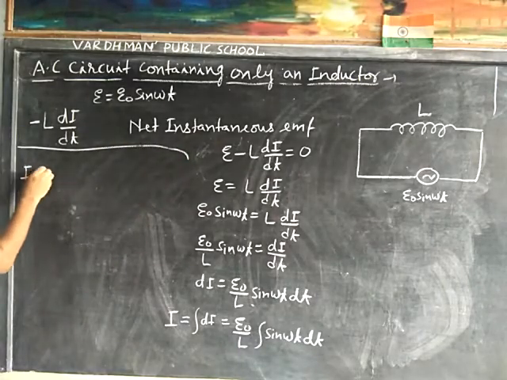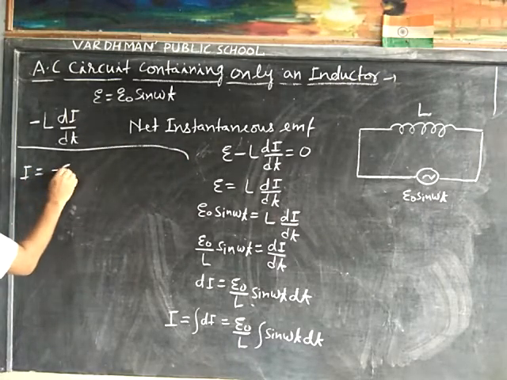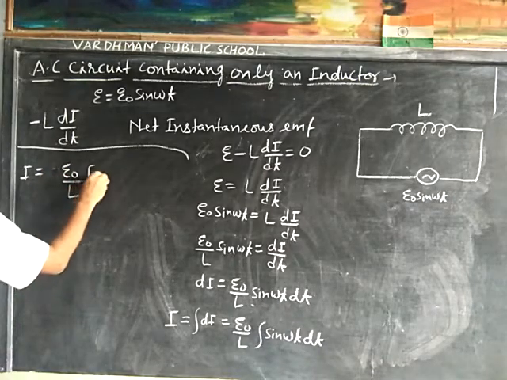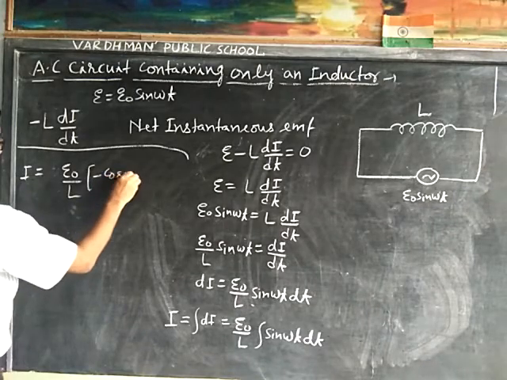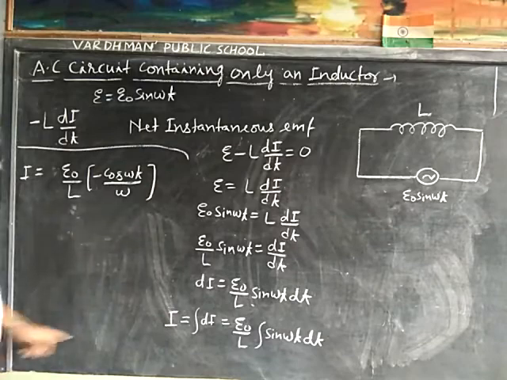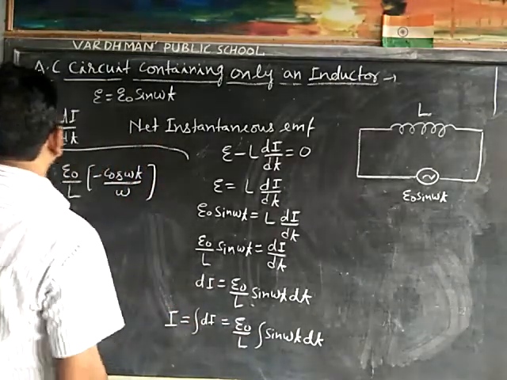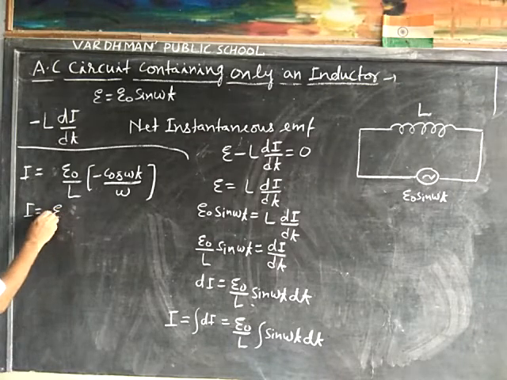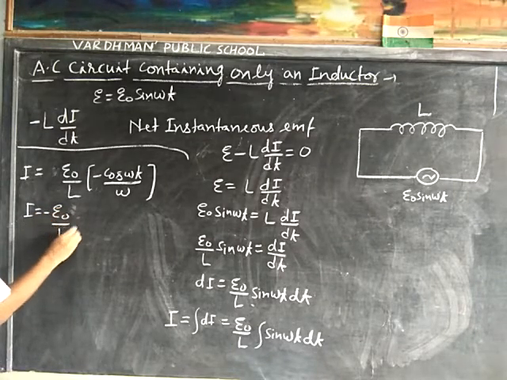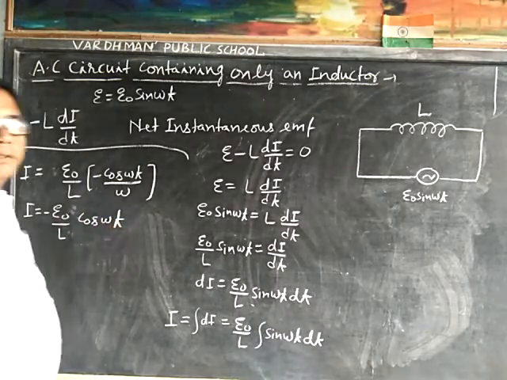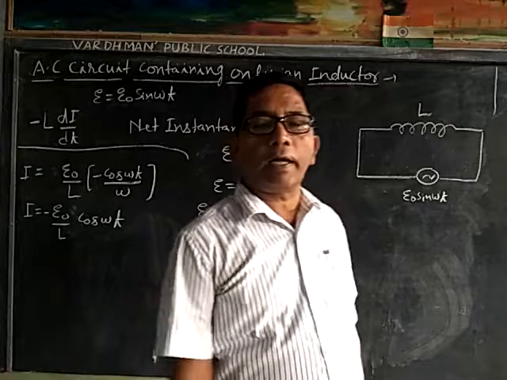I is equal to minus E0 upon L, and the integration of sin omega t is minus cos omega t upon omega. That is, I is equal to minus E0 upon L cos omega t.